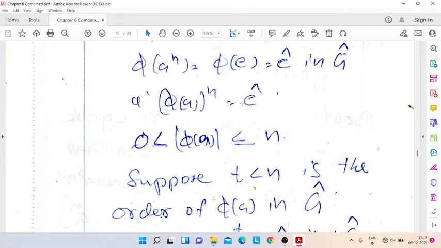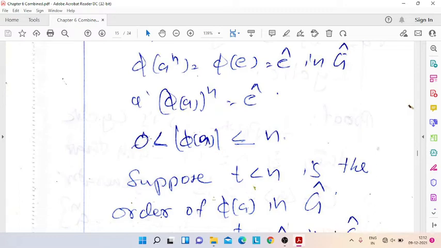Therefore, we know that the order of every element having finite order is a positive number, greater than or equal to 1.